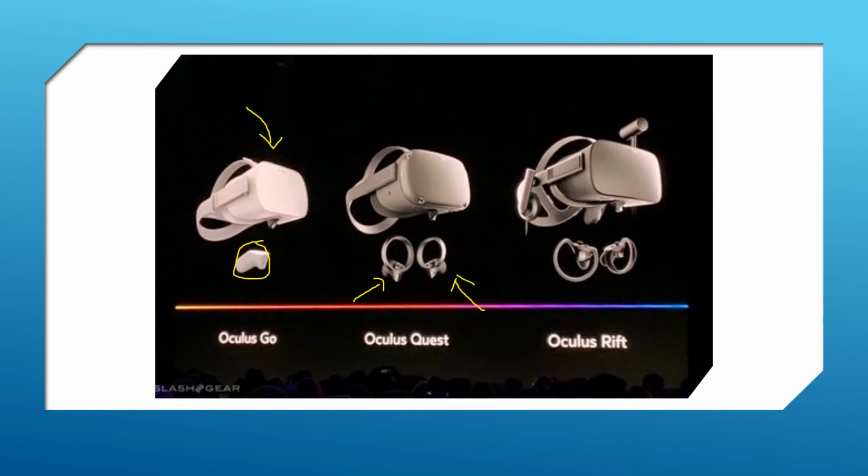For the Oculus Rift, this one is a perfect solution for standing VR. They have an infrared camera, so they know whether you are far away from or close to the virtual object.